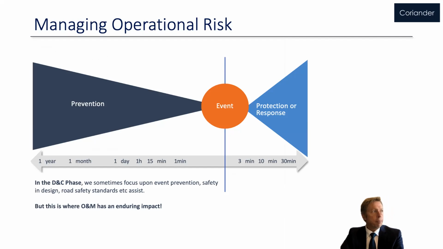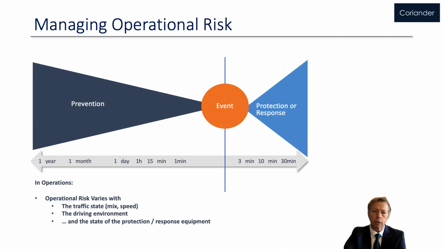But this is where operations has the more enduring impact on this left-hand side of the bow tie. So in operations, we know that risk varies, as I've said before, with traffic state and the driving environment, but also with the state of the protection and response equipment, the right-hand side. So it's not just the operational decisions, but it's also the decisions we make about maintaining our protective equipment.